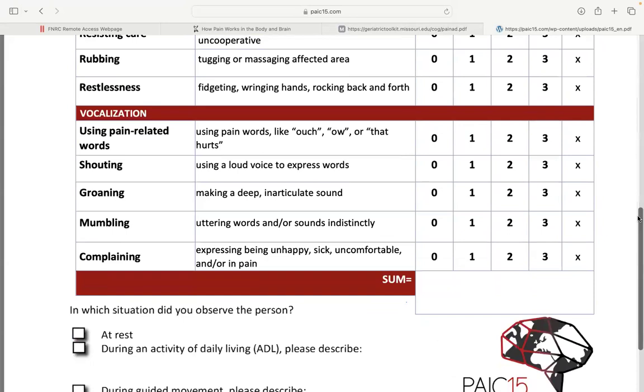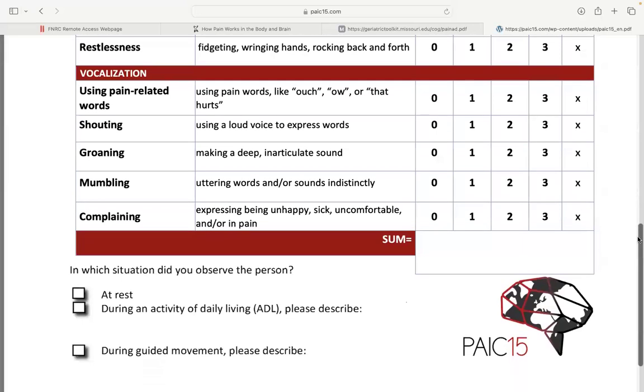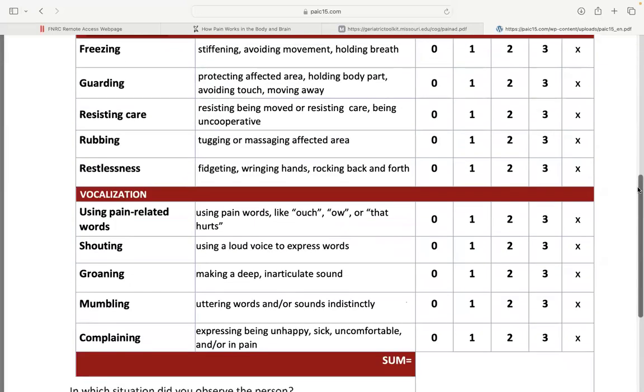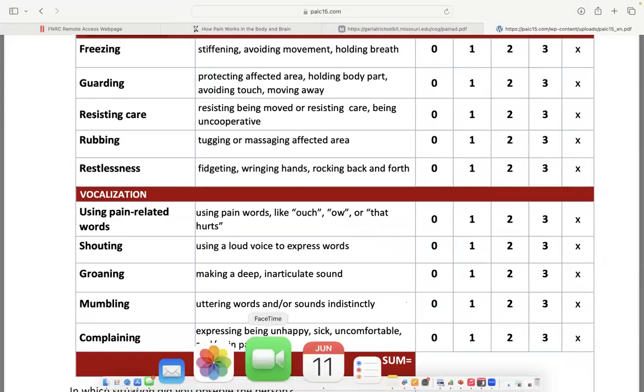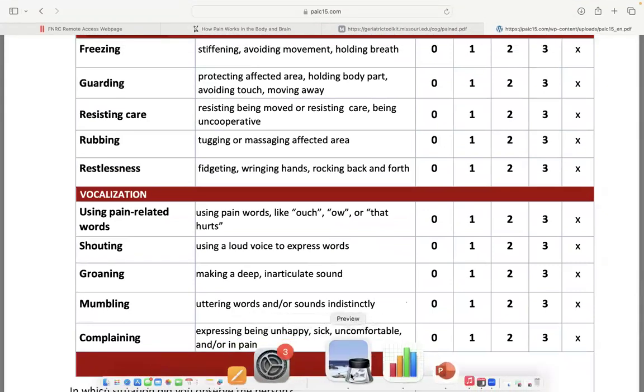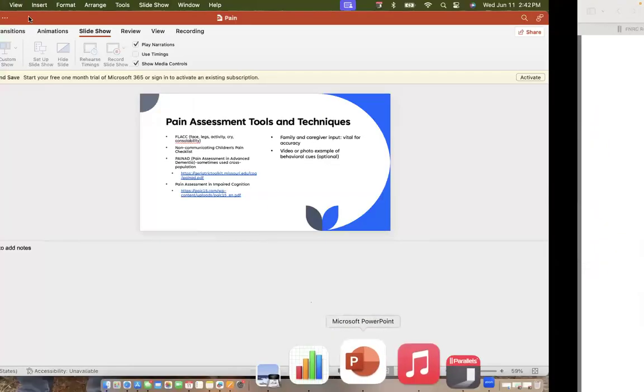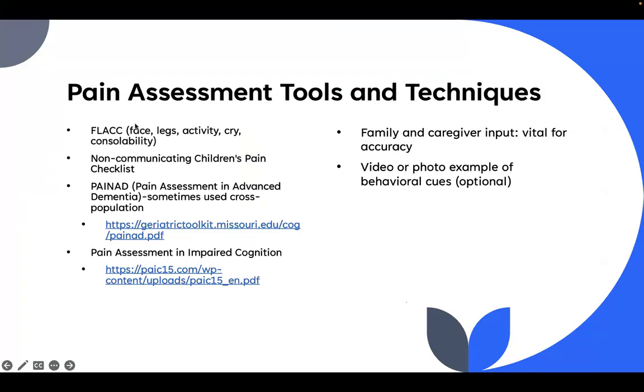Are they using words like ouch, ow? Are they shouting? Are they groaning, mumbling, complaining? So just another example here. And then so those were the 2.